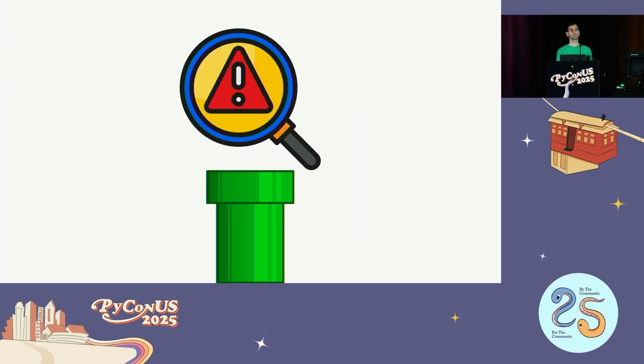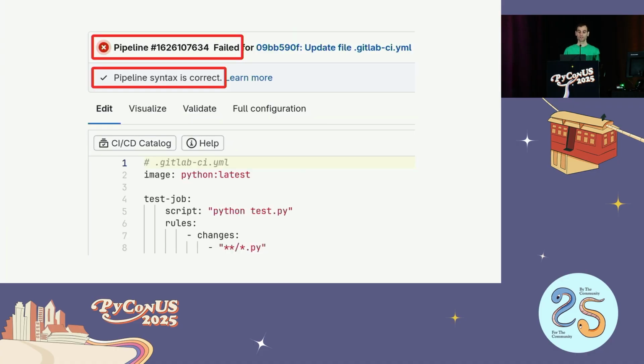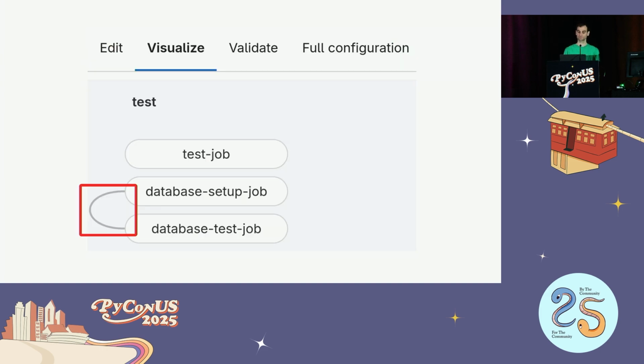However, these methods have their downsides too. The VS Code extension, for example, as you might have guessed, is only officially made for VS Code. And even if you instead use the pipeline syntax checker, whether it be the web UI or the endpoint, they only tell you if there's something wrong with your schema, not with how it runs.